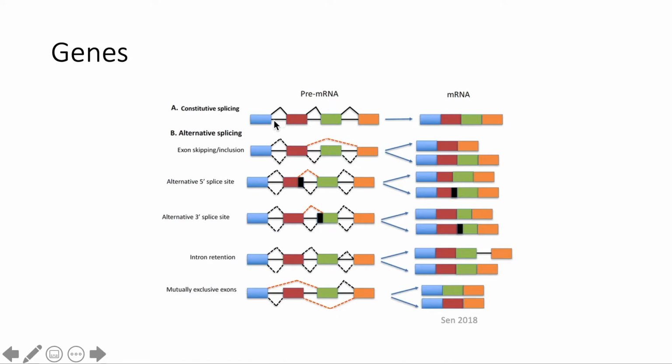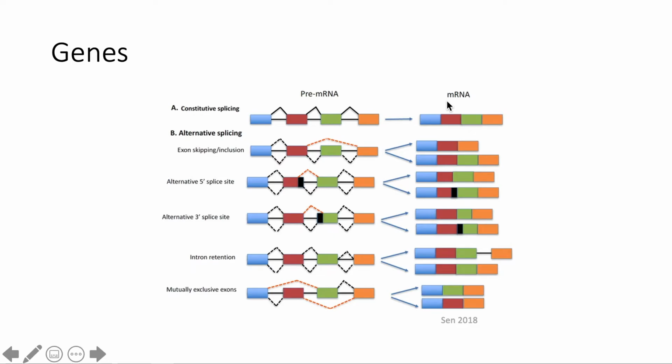Basically, those black lines here represent the introns. But as you can see, after the splicing, each color represents an exon. So after the splicing, we end up with the 4 exons in the messenger RNA.